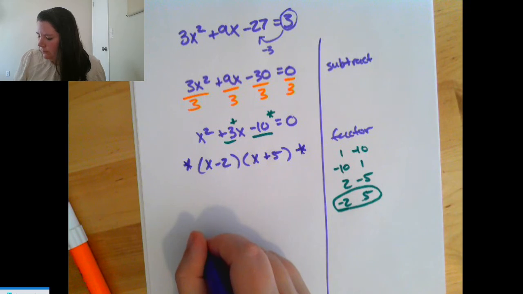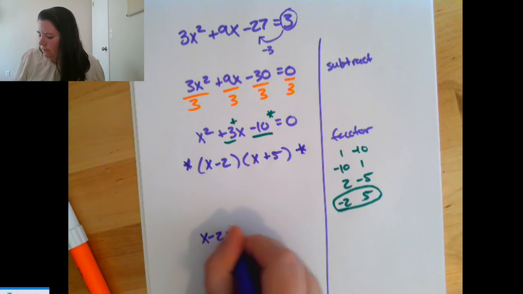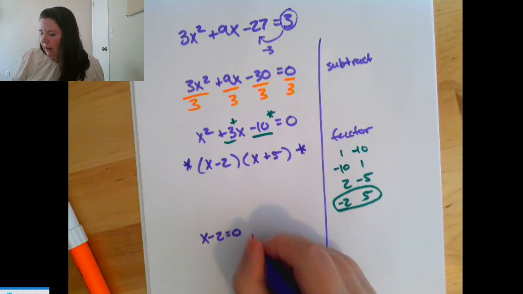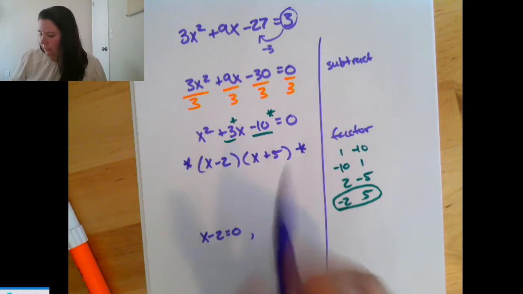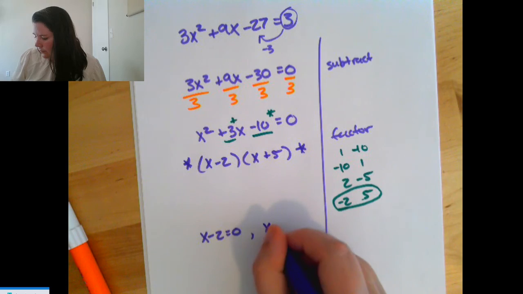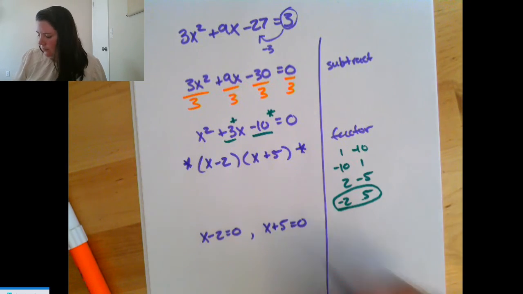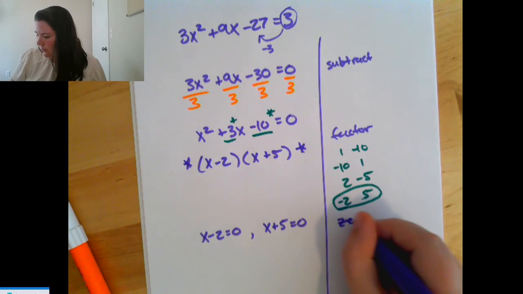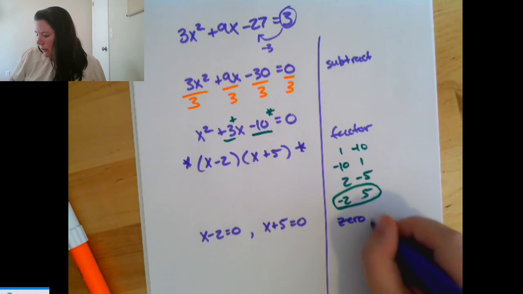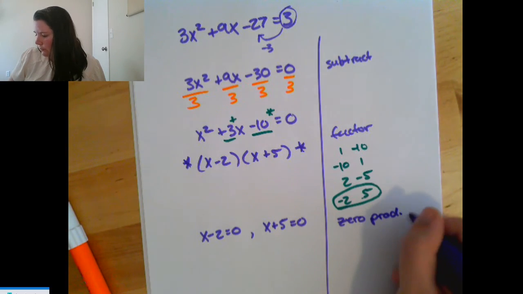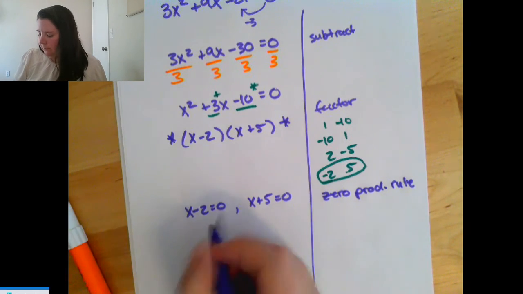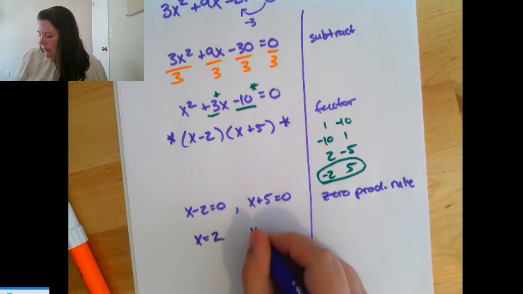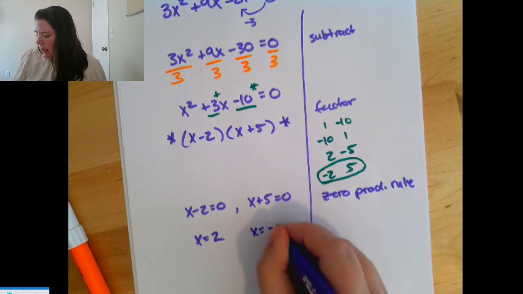Next step, break it up. I know that I'm ready for that step because all my pieces are just multiplied now. Now is the 0 product rule. That's the tool I'm using. x equals positive 2, x equals negative 5.